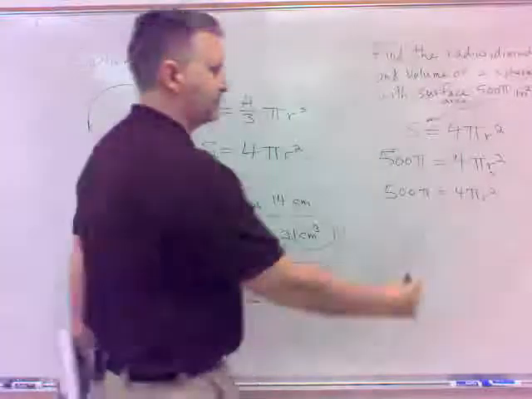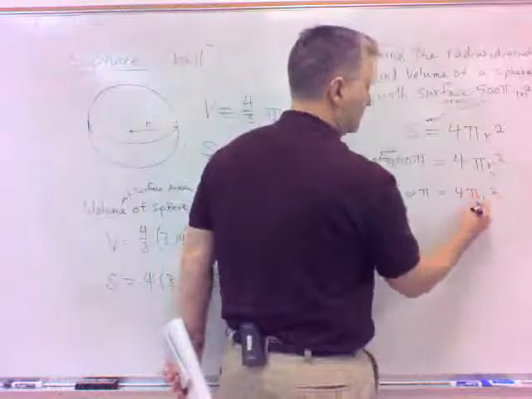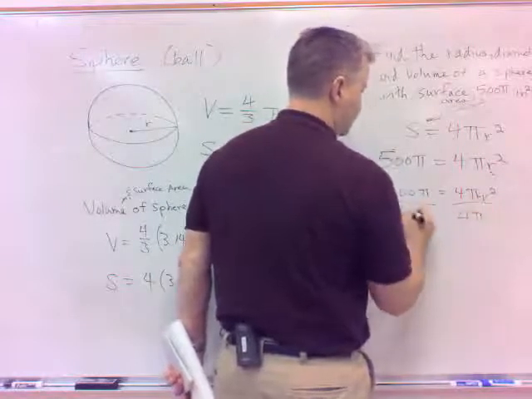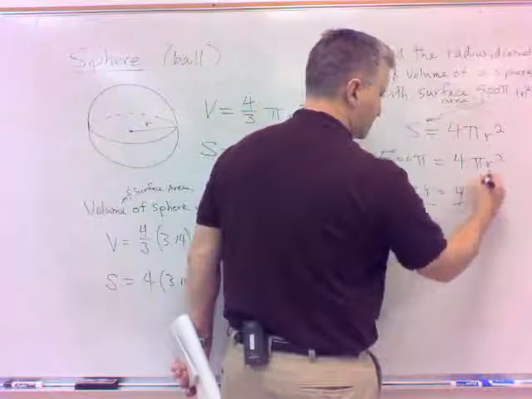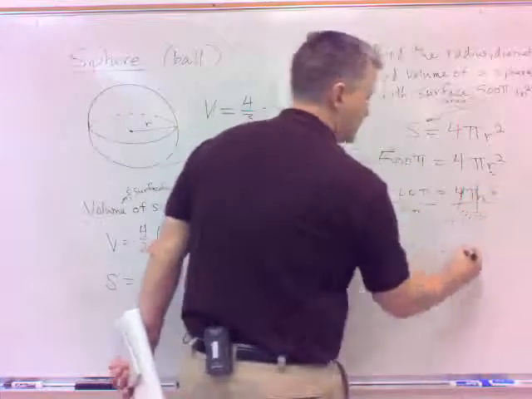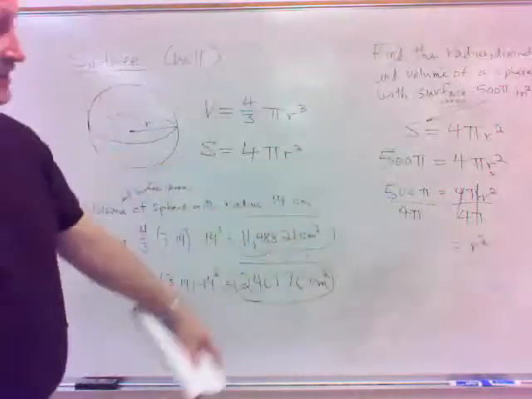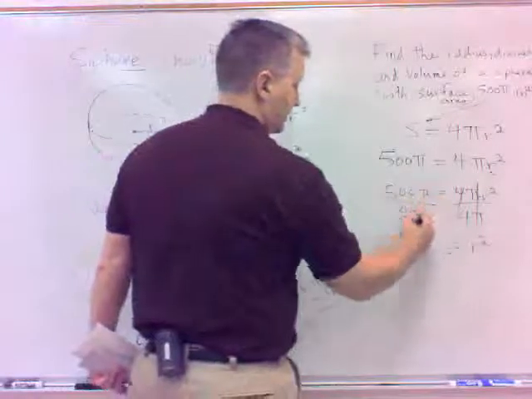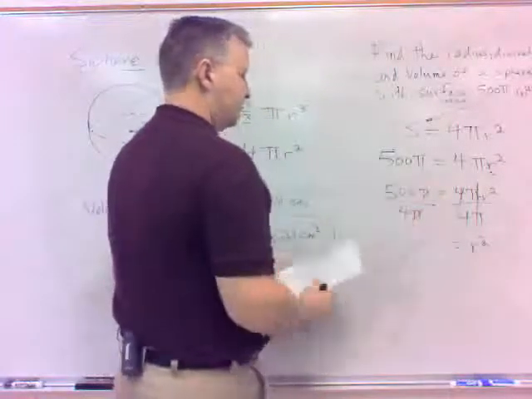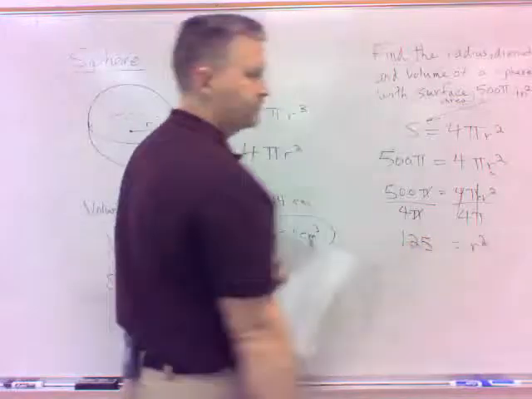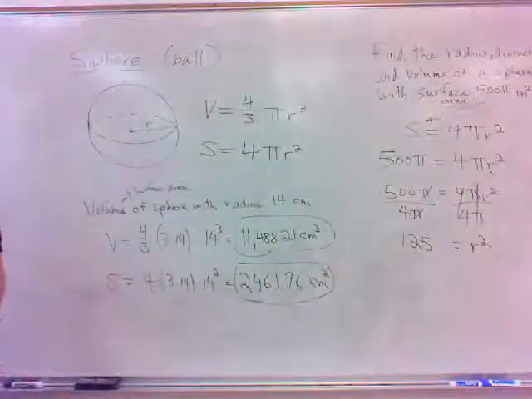But here we have multiply. So to undo that, we divide. So we divide by 4 pi. 4's cancel, the pi's cancel. That leaves me just r squared right there. Now, nicely over here, the pi's also cancel. Then you have 500 divided by 4, that's 125. We have 125 equals r squared.